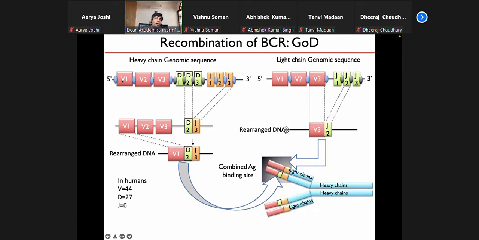Now, the first thing that has to happen is for the heavy chain in your developing B cells. This is actually the very first process: one of the Ds combines with one of the Js. And this process occurs in a very random fashion.